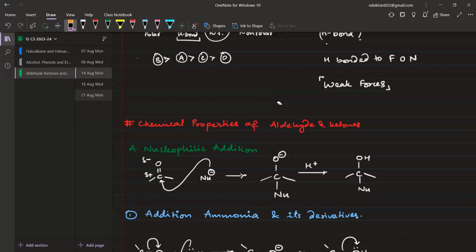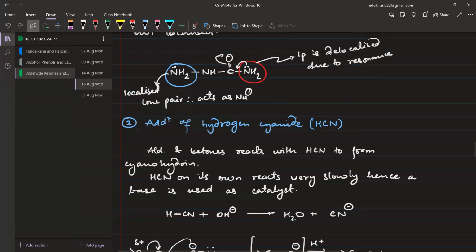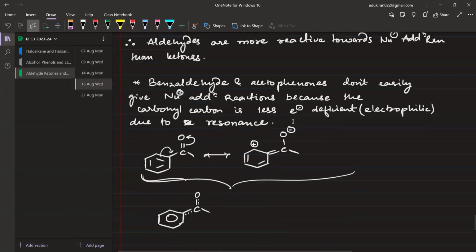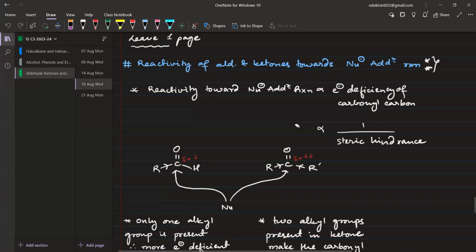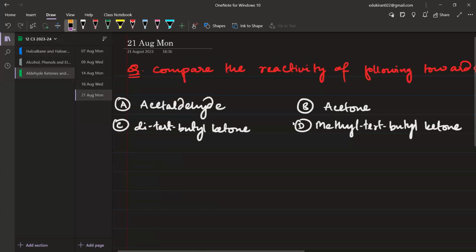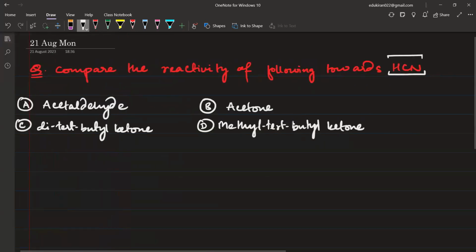So HCN is an example of nucleophilic addition, and then we have learned the reactivity of aldehydes and ketones towards nucleophilic addition reactions. Even though it is asking about HCN, it can also ask about hydrogen sulfide, alcohol, ammonia, anything else. But all of these are nucleophilic addition reactions.